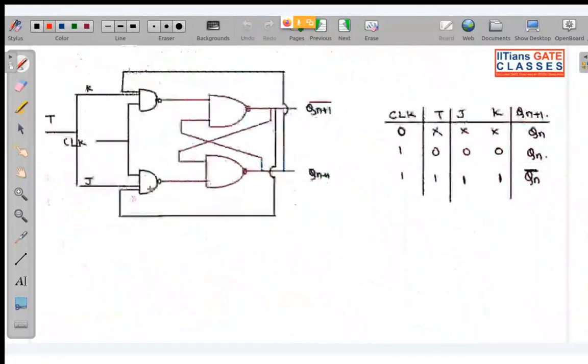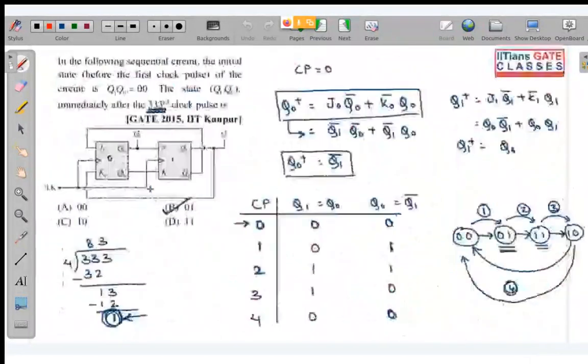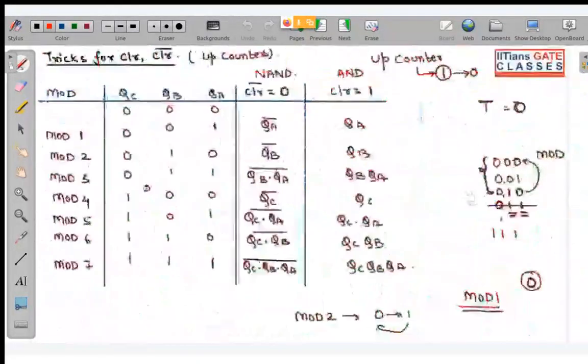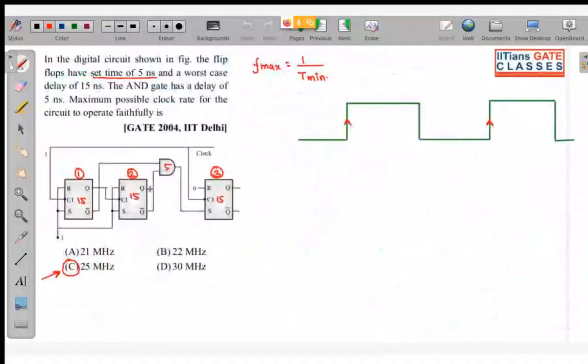So first of all, let me tell you that this question was actually wrong. They have made a slight mistake over here. They should have written JK flip-flop every place, because when you put SR equal to 1, it is working in the invalid state. So this was a wrong question.